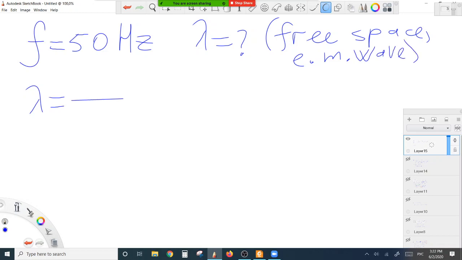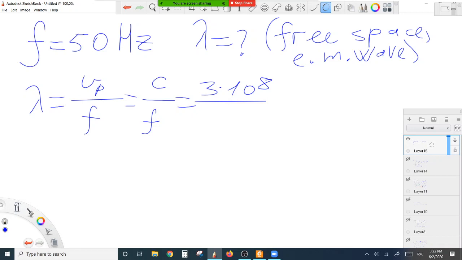Wavelength will be just, we said, Vp over frequency. In our case, Vp is C, so C over frequency. C is 3 multiplied by 10 to the 8, divided by 50 hertz.